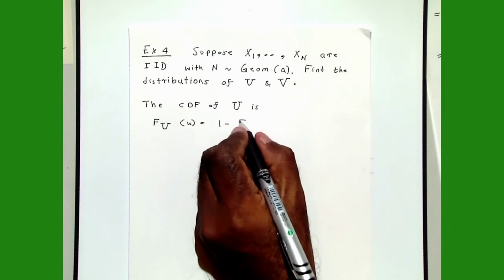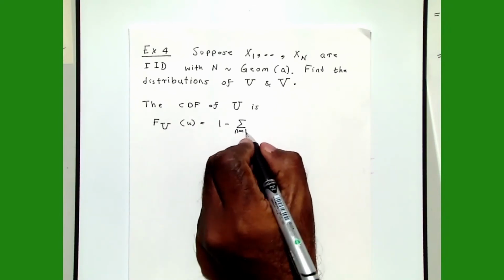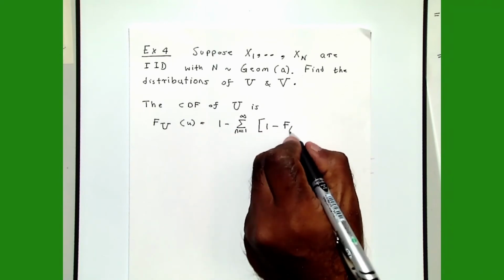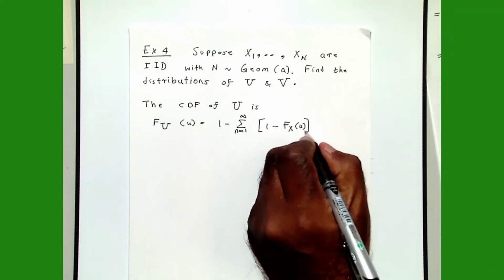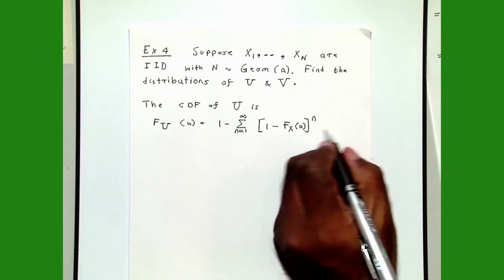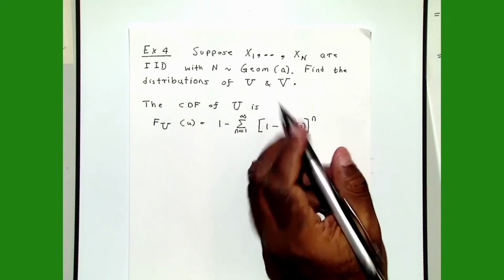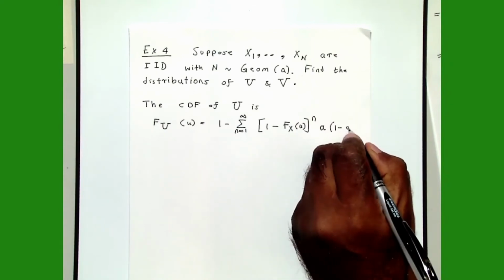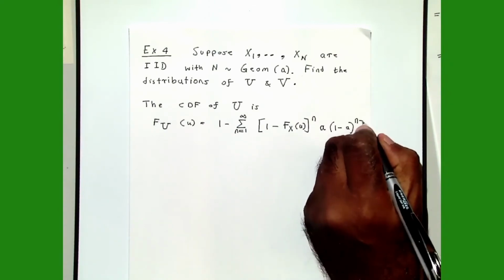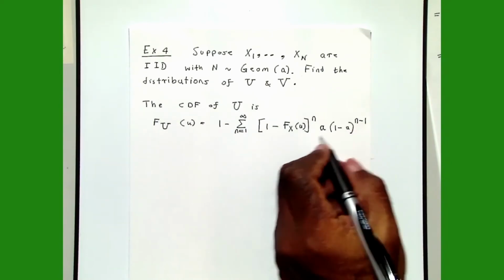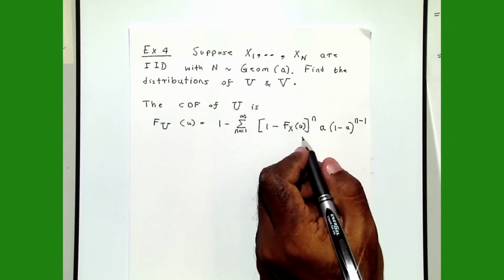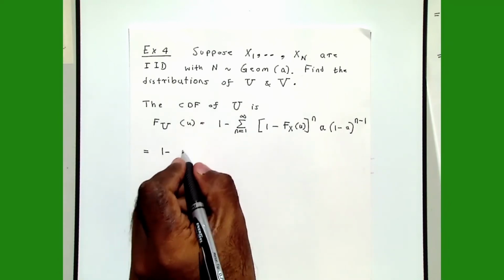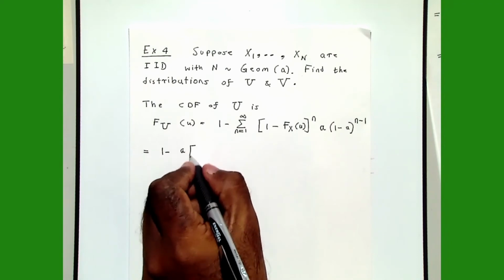It's 1 minus the sum from 1 to infinity of 1 minus the CDF of x at u, to the power n, times the probability mass function of a geometric variable. I'm sure you know that from first year Intro to Stats. This is the PMF of the geometric distribution. All right, and this you can simplify, you can rewrite as follows.